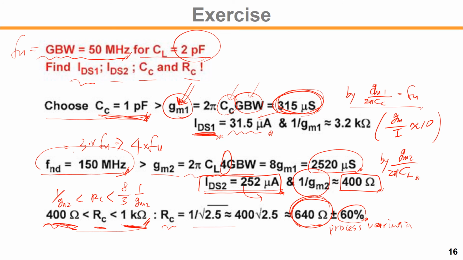We can verify that in simulation. So this is just a brief idea of how we design the components for the required amplifier spec. Okay.